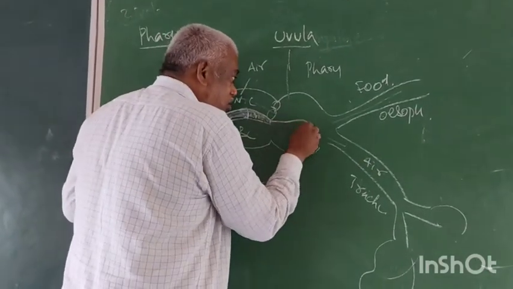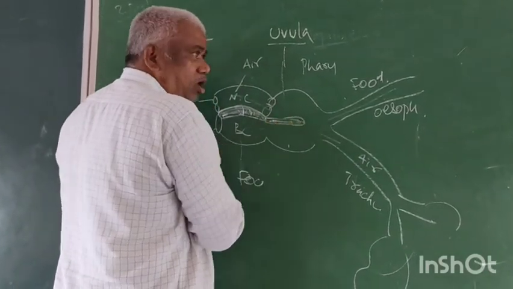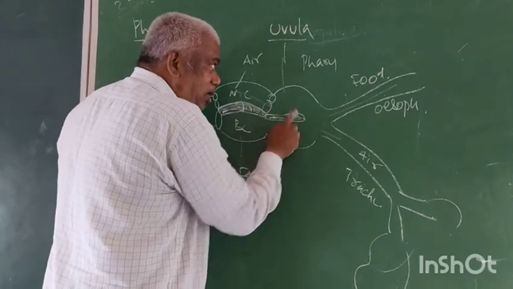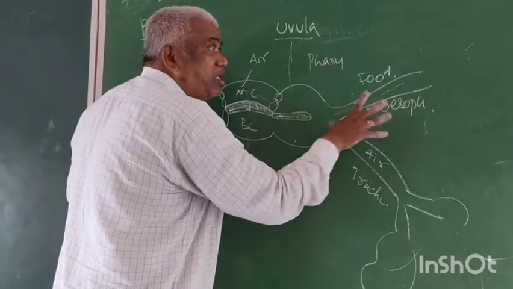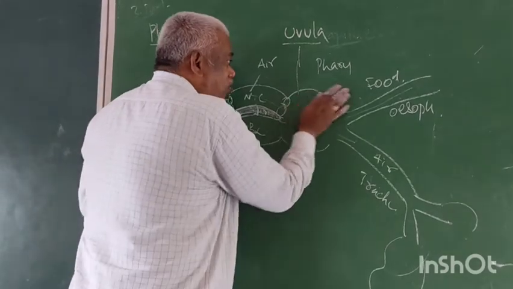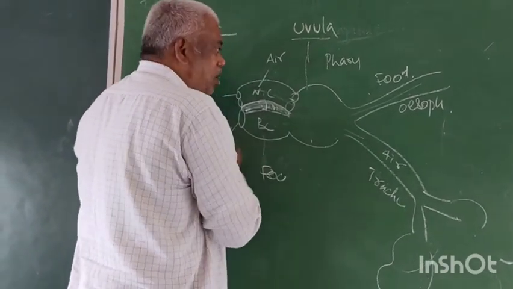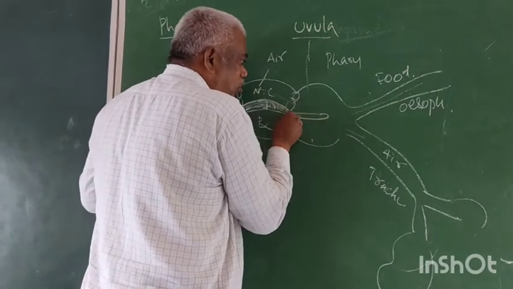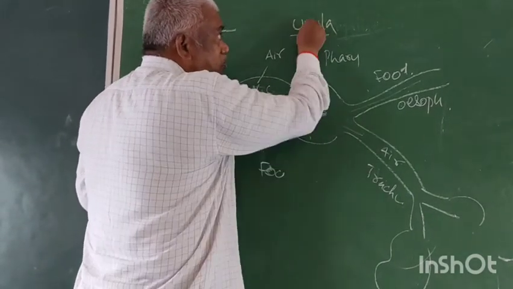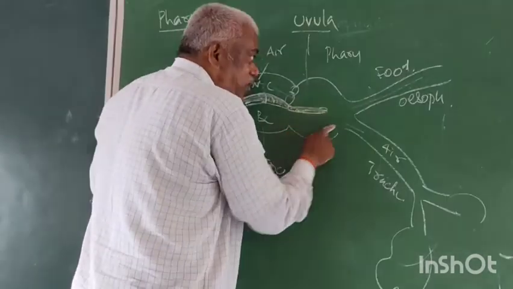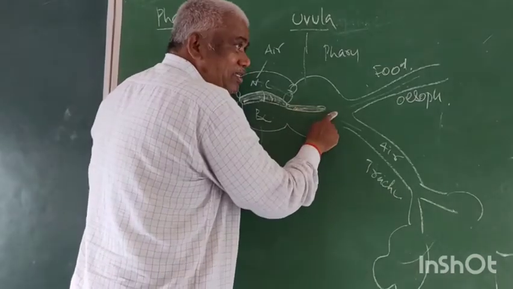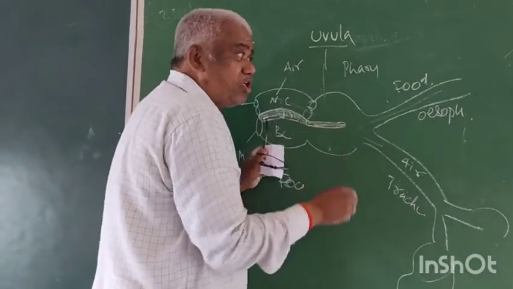But due to the formation of the uvula, this cavity is divisible into three regions. Now there are no three regions, only a single space. But due to the formation of the uvula, this space is differentiated into three regions.